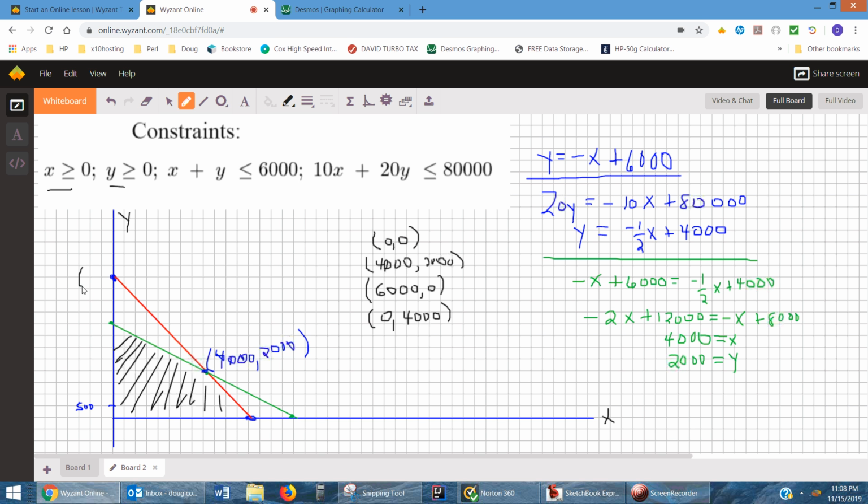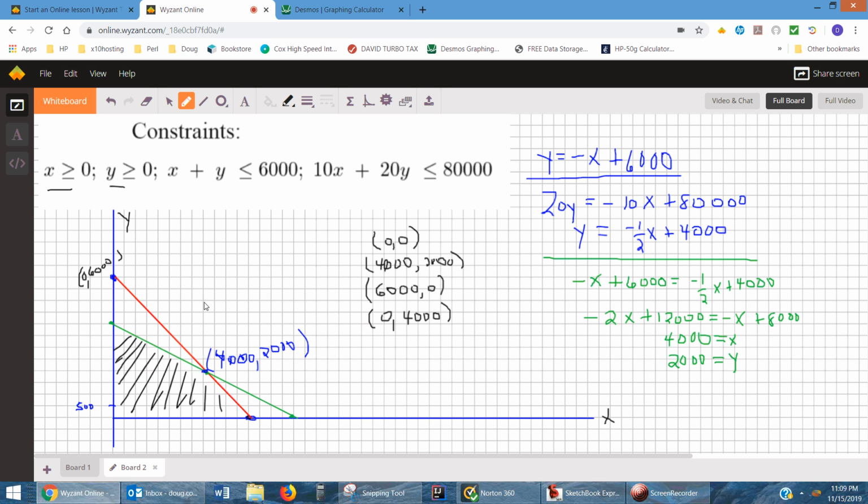This is the point 0, 6,000 right here. So that's the y-intercept for that first constraint. It has a slope of -1, so I'm going over 1, down 1, over 1, down 1. And by the way, when y is 0, x is 6,000, so that's this point right here. And I draw in that constraint in the first quadrant.